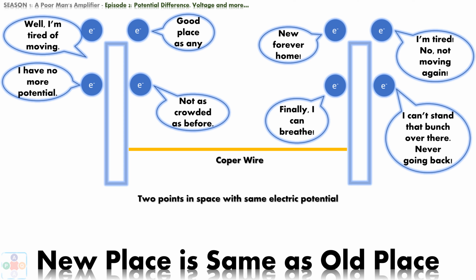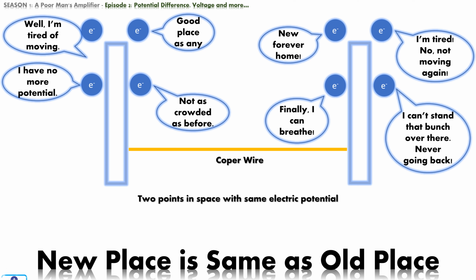The situation is like this. After seeing exactly half of their brothers and sisters move to a new place, they are content to stay on the same rod, because the number of electrons on the second rod is exactly the same as the number of electrons on the first rod. Nothing would be gained if 1 or more electrons moved from one rod to another at this point in time.